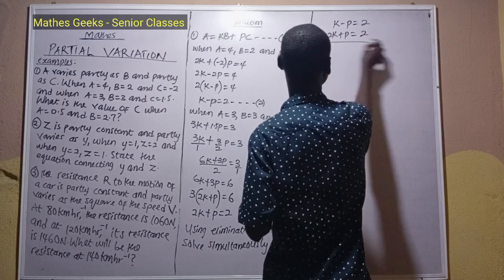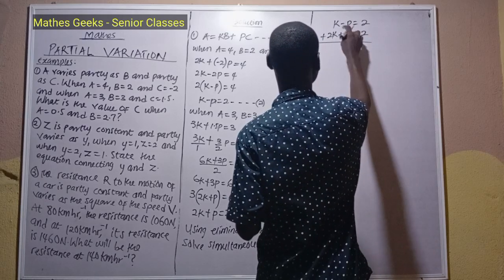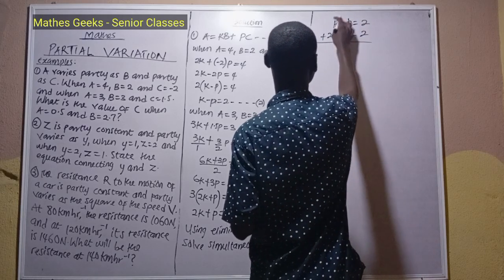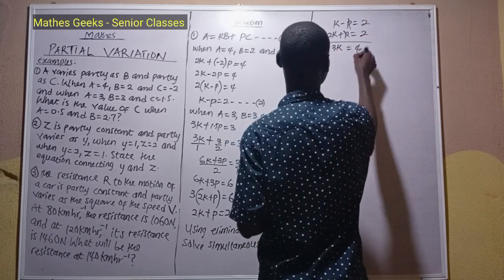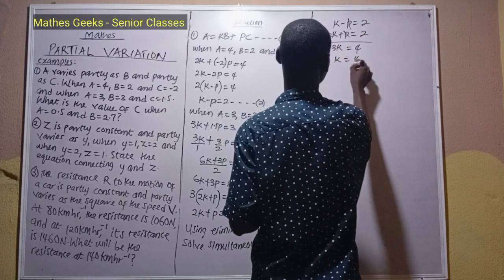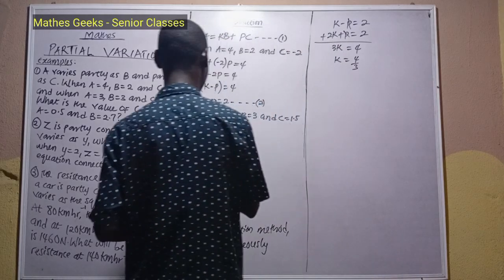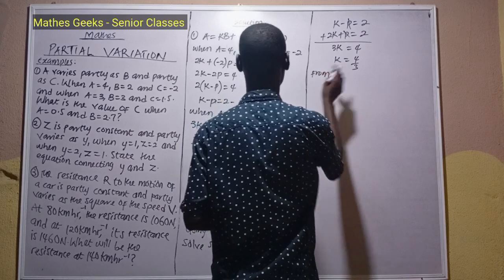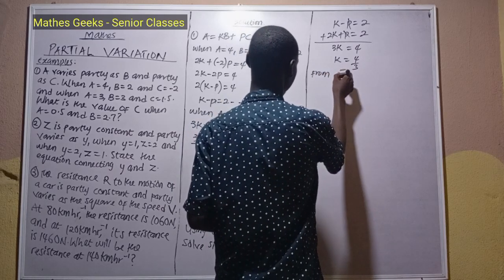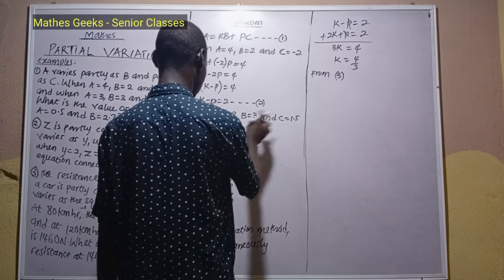Now I simply need to add for me to eliminate p, because minus p plus p will be 0. So k plus 2k is 3k, and 2 plus 2 is 4. So k is equal to 4 over 3. Now we need to look for the constant p. We can use any of equation 2 or 3. So from this going to equation 2, from equation 3, and equation 3 is, where is it?